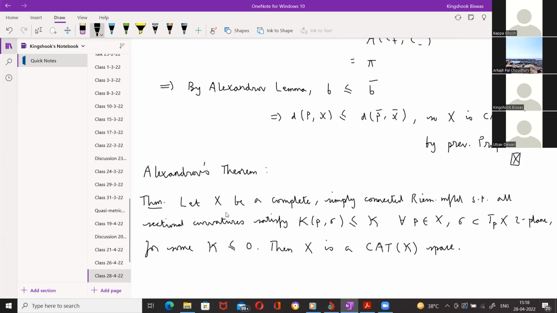So if you like, in a sense, CAT(kappa) is a way of saying that sectional curvature is bounded above by kappa. That's really what CAT(kappa) means. It's a metric way of saying that, okay? So, in fact, X is CAT(kappa) if and only if all sectional curvatures are less than or equal to kappa.